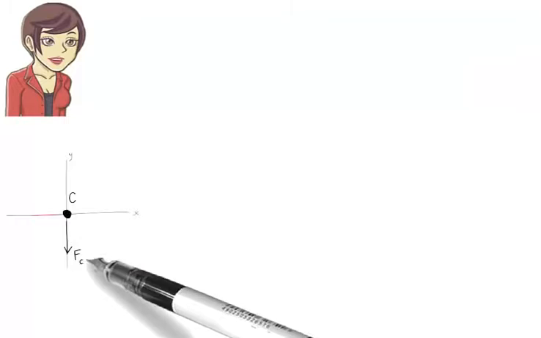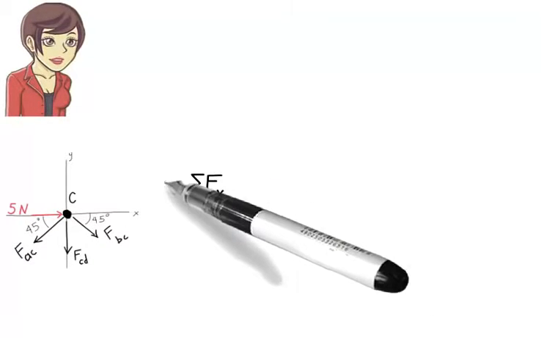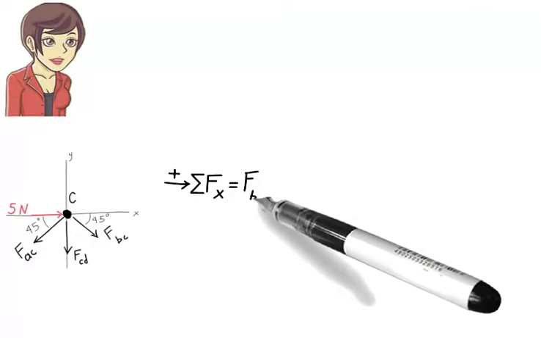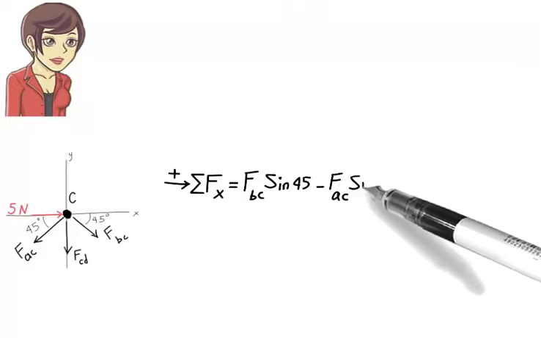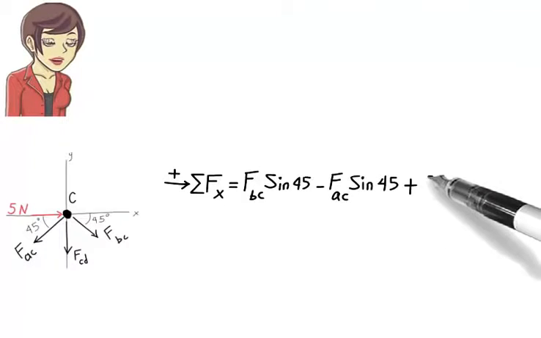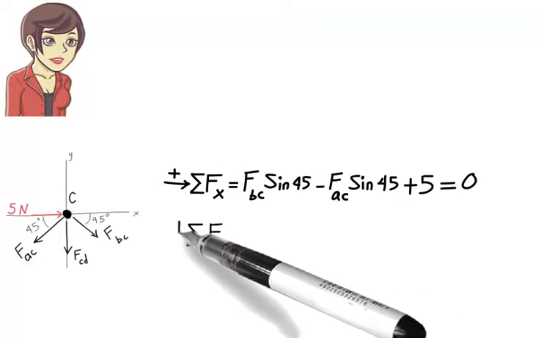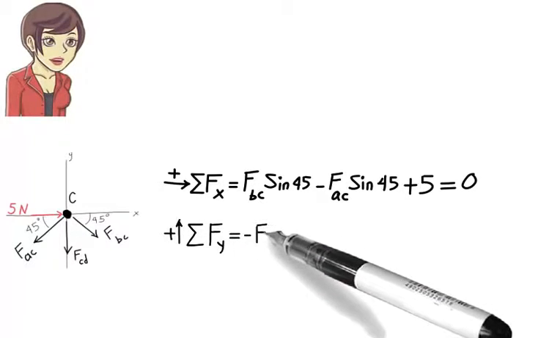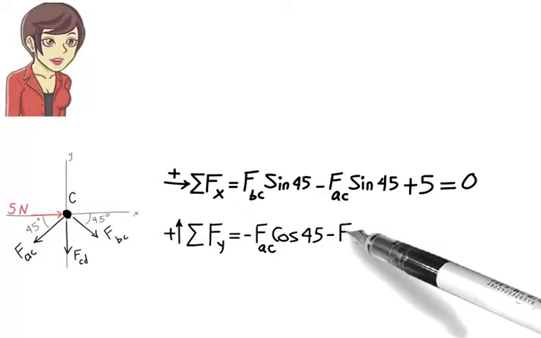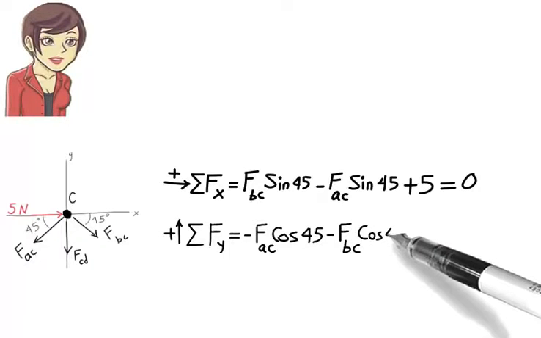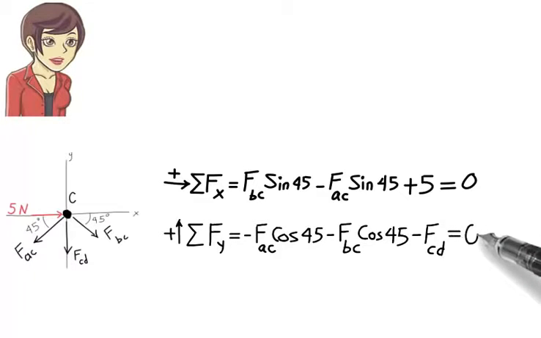For joint C, we have sum of the forces in the x direction equals FBC sine 45 minus FAC sine 45 plus 5 equals 0. And sum of the forces in the y direction equals negative FAC cosine 45 minus FBC cosine 45 minus FCD equals 0.